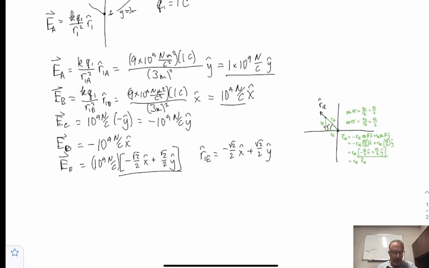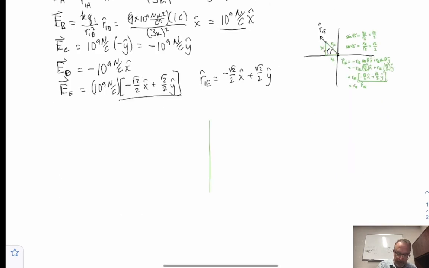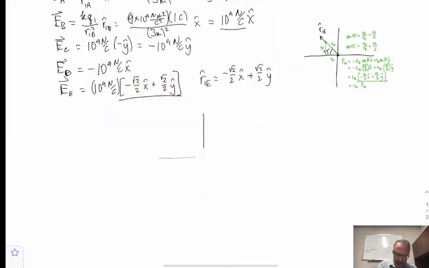But at any rate, what this shows you, let me redraw this down here. I'll use black again if I can. If I have an isolated positive charge at the origin, and I look anywhere in equal levels around there, what I have for an electric field is 10 to the 9th. If I look in that 3-meter circle anywhere there, I have an electric field with a strength of 10 to the 9th newtons per coulomb.